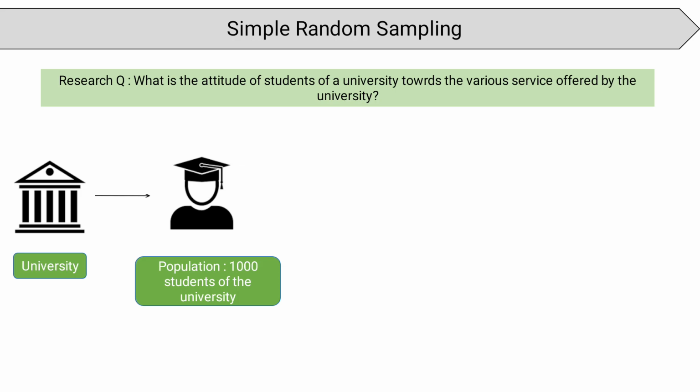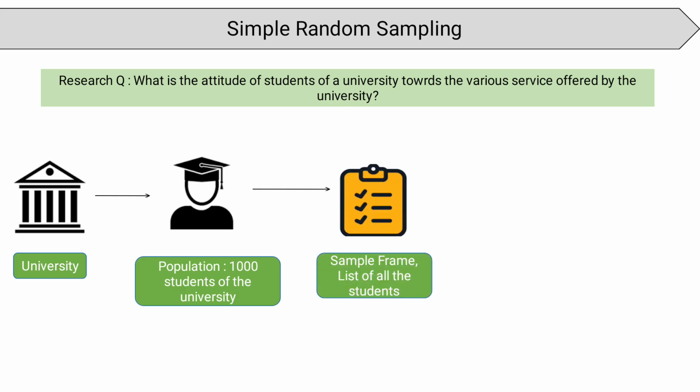So when you identify that there are thousand students studying in the university, this is your population. So next step, to draw the sample you need a sample frame, meaning you list all the students' names or roll numbers in a list. Why? Because in probabilistic sampling, the first purpose is you first consider every individual in your population.